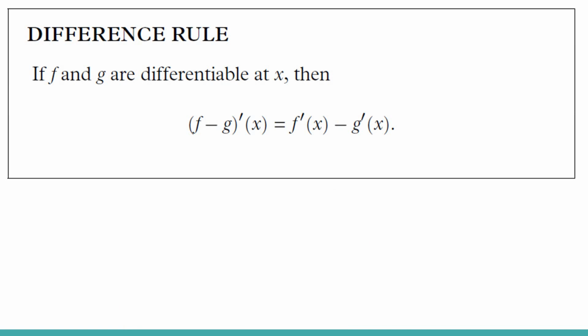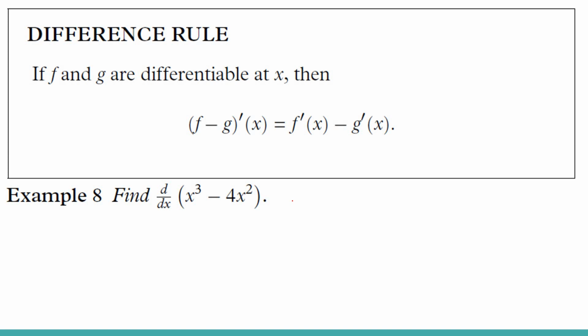Next, the difference rule. If f and g are differentiable at x, then f minus g prime of x equals f prime of x minus g prime of x. Example. This difference rule is very similar to the sum rule.